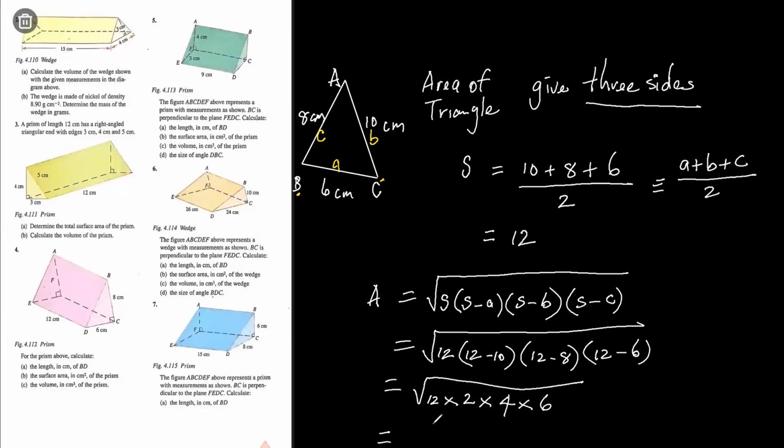How much is that? 576, sir. Thank you. What is the square root of 576? 24. So that'll be 24 centimeters squared. So this is the area of the triangle.